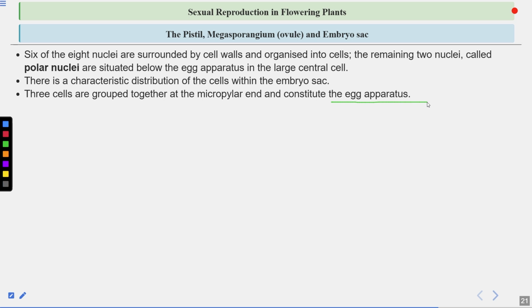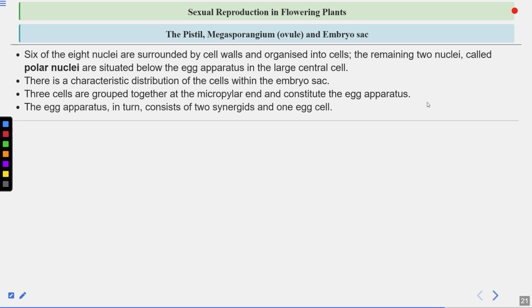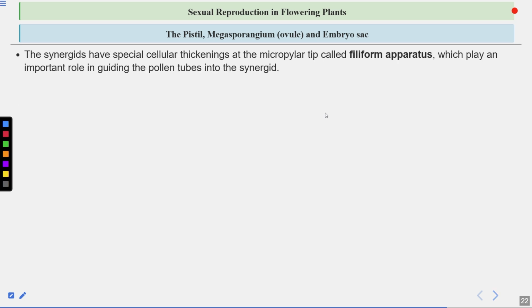So 1 egg and the 2 synergid cells grouped together are called the egg apparatus. The synergids have a special cellular thickening at the micropylar tip, a finger-like projection, called the filiform apparatus.